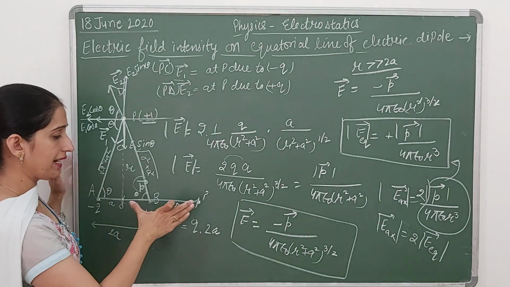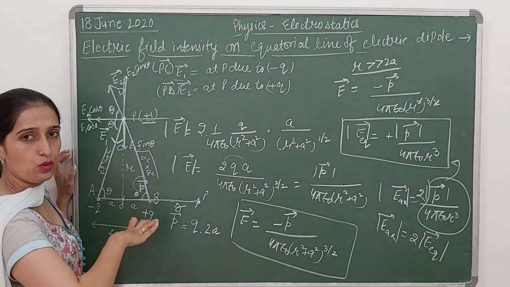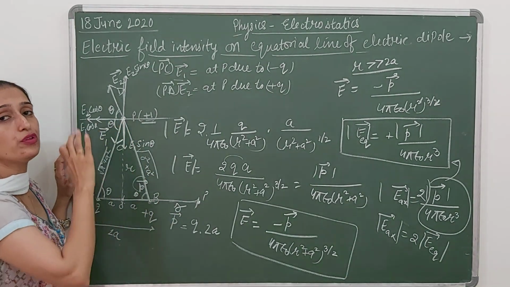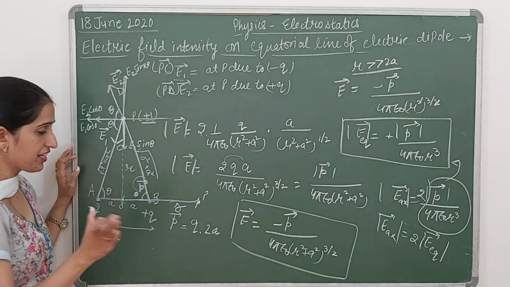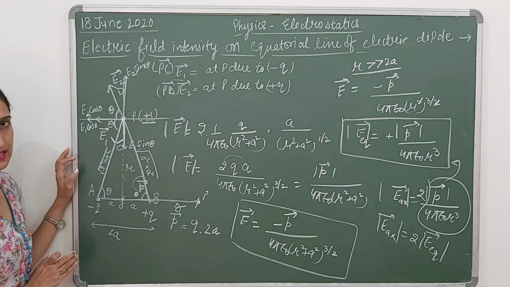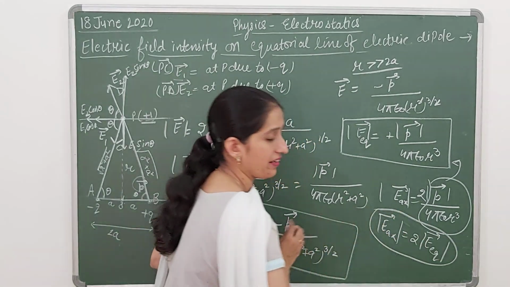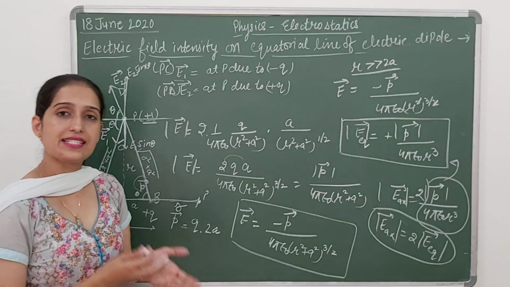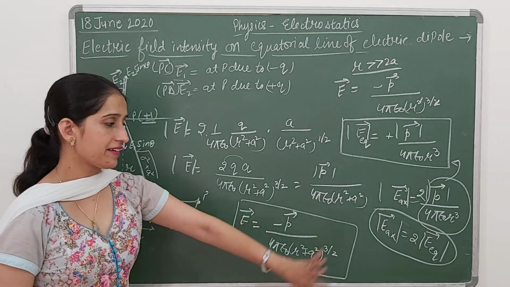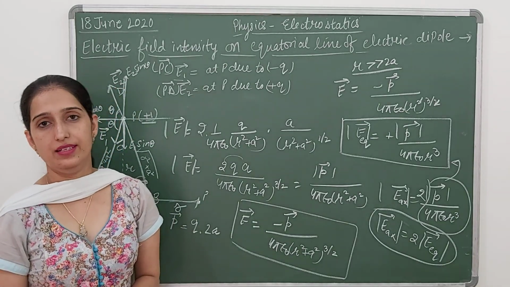Suppose here we get 8 Newton per coulomb, then here we get 4 Newton per coulomb. The condition is that this distance r should be the same in both cases. So this is the comparison of electric field intensity on the axial line and on the equatorial line. Axial line electric field intensity is double that on the equatorial line.